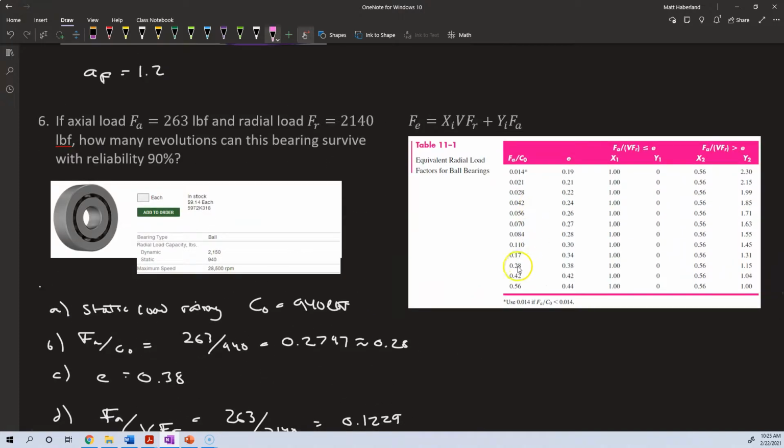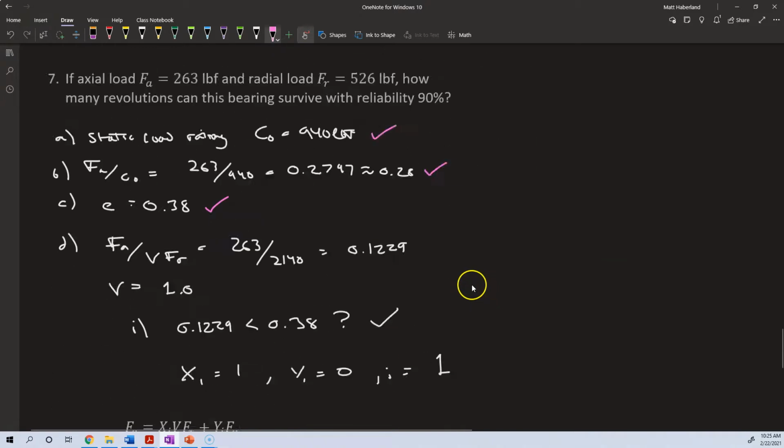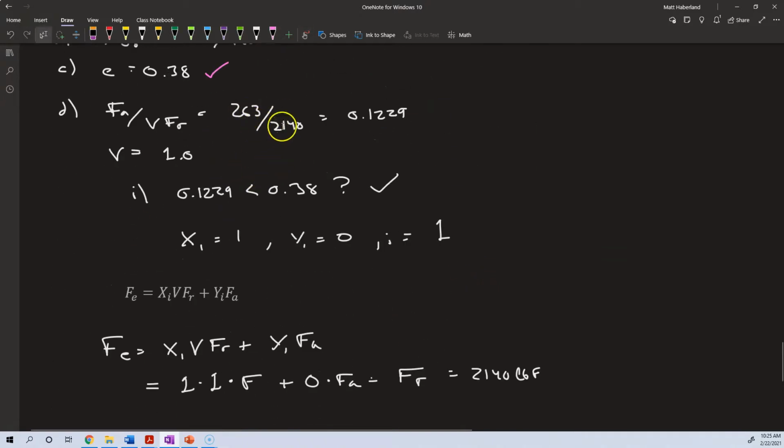Now we need to consider FA over VFR. What is that? Well, now we don't have 263 over 2140, we have 263 over 526. That's 0.5. We still have the inner race rotating, so V is 1.0.